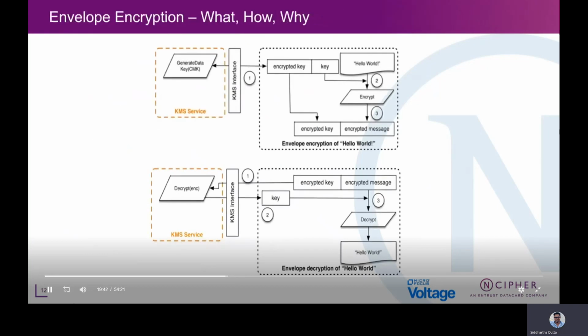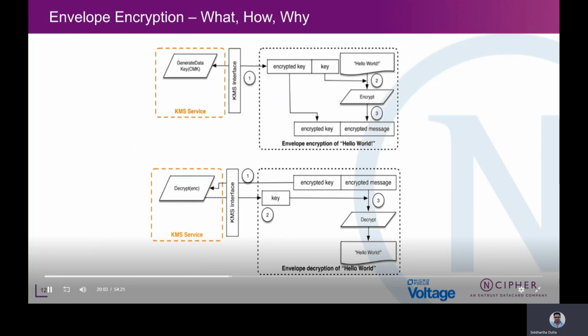Envelope encryption. This is the practice of encrypting clear text data with a data key, and then encrypting the data key with another key. Cloud services providers typically offer SDKs at the application level to perform envelope encryption.